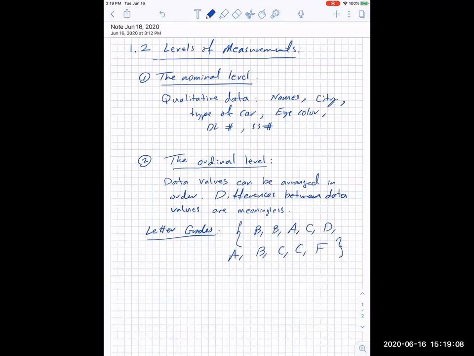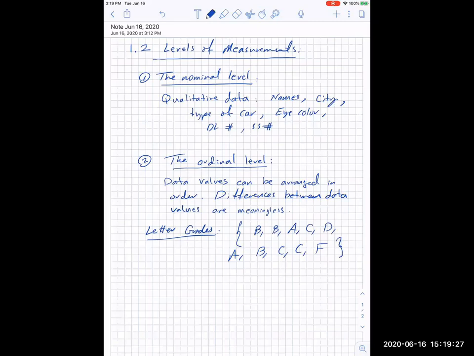Now this sample data is at the ordinal level. The reason this is the ordinal level is because I can arrange these letter grades in order from the best grade to the lowest grade.